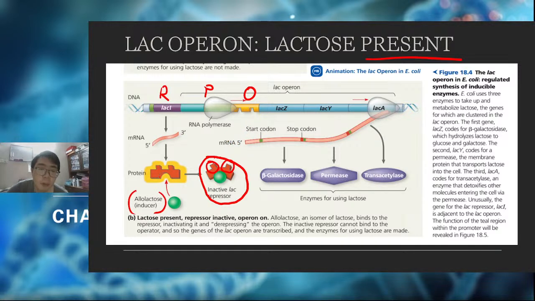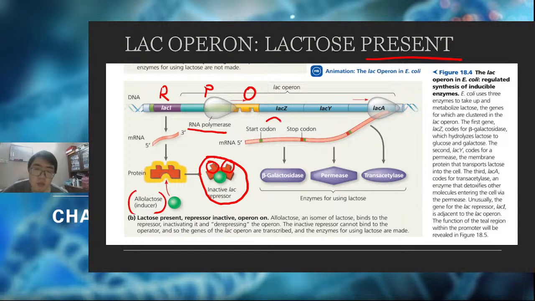Okay, so since no repressor protein binds to the operator, our RNA polymerase can bind toward the promoter. Dia sudah boleh bind, and then since there is RNA polymerase, the mRNA of the structural genes A, Y, Z will be produced. So there are actually three mRNA lah.